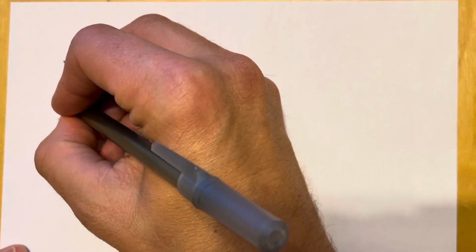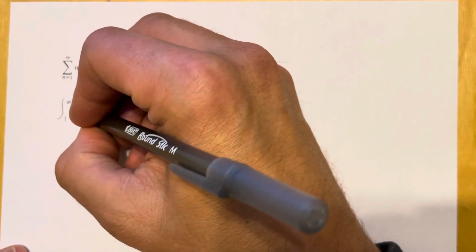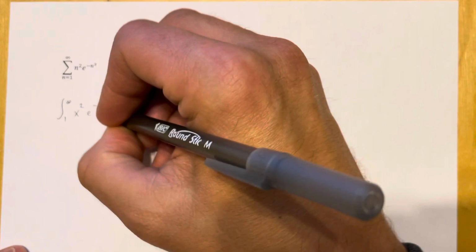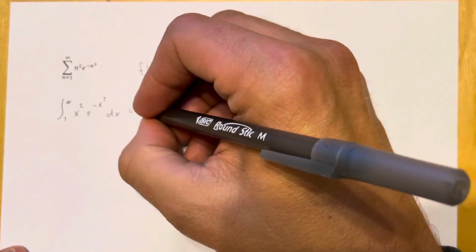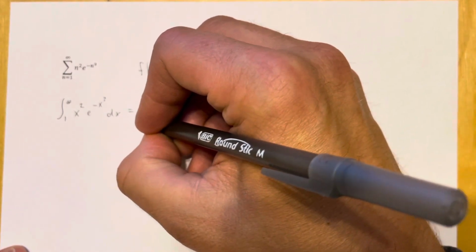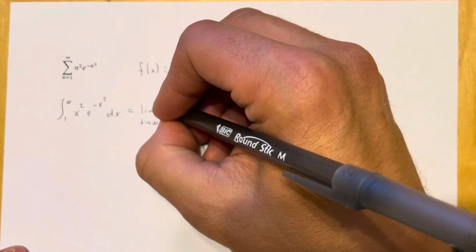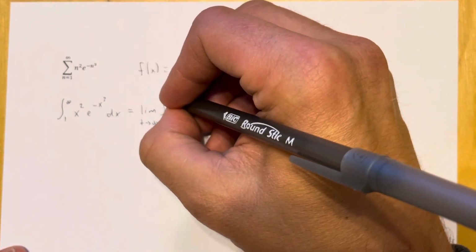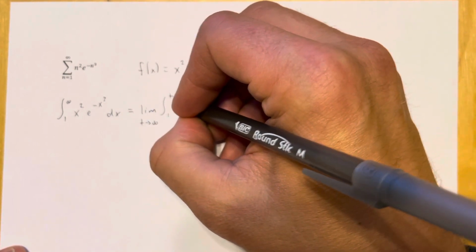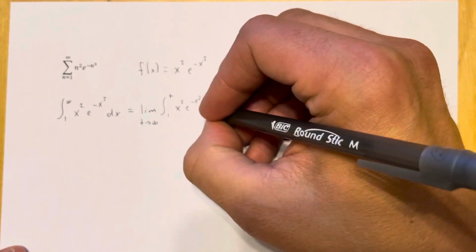If I integrate from 1 to infinity, this expression right here, x squared e to the negative x cubed dx, remember that technically this is a limit. The limit as t goes to infinity of the integral from 1 to t of x squared e to the negative x cubed dx.